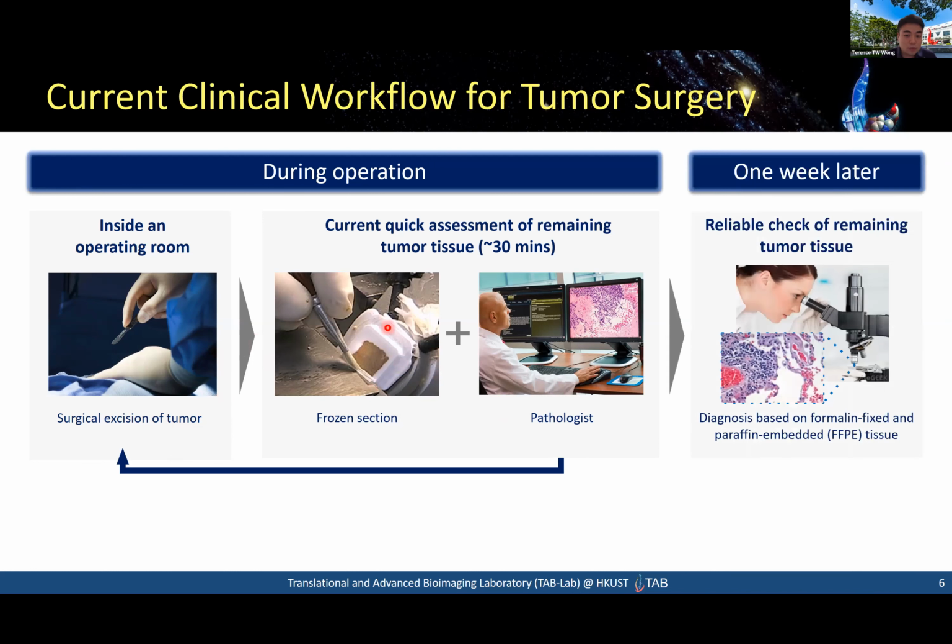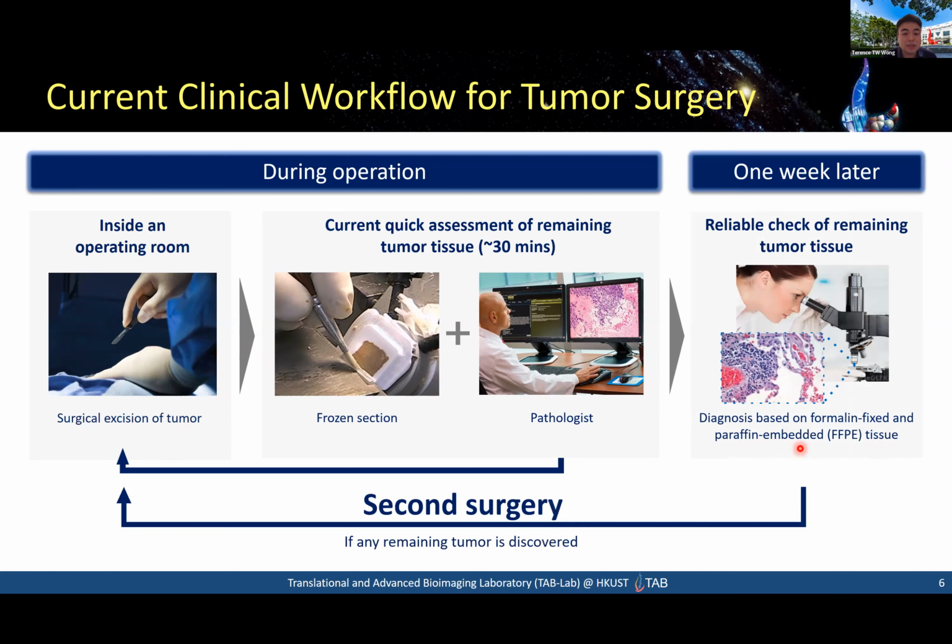And what's troublesome is that for FFPE, some of the tissue will also go through that one week test, the formalin-fixed paraffin embedding of the tissue. And this is really the resurgery call, because the frozen section says no cancer cells remain, so the patient happily goes home. And the FFPE says, okay, sorry, there are indeed still some cancer cells remaining in the cancer patient.